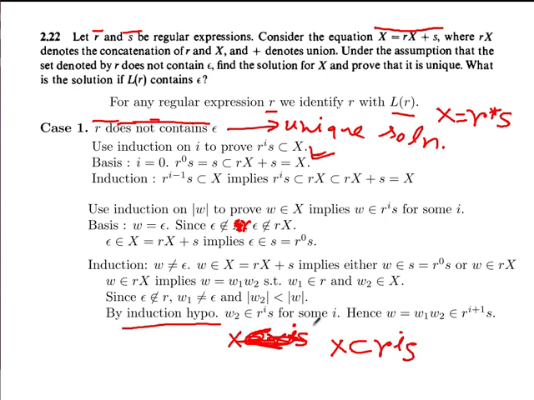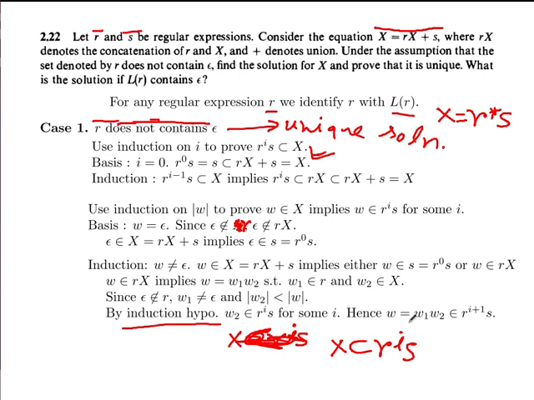So for some I, then what is W? W is W1 W2. W2 is coming from R^i S, and W1 is coming from R. So their concatenation is coming from R^(i+1) S. So this is also here.